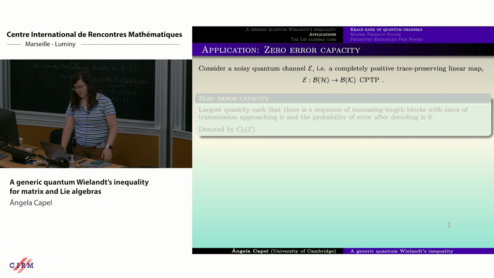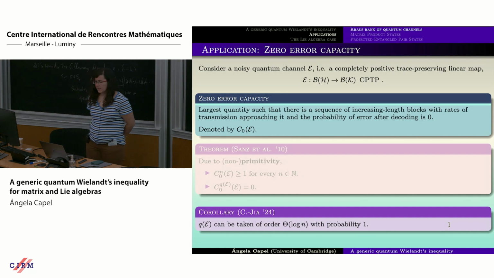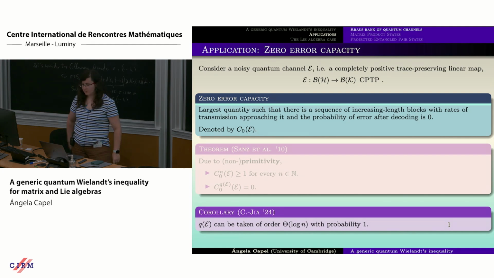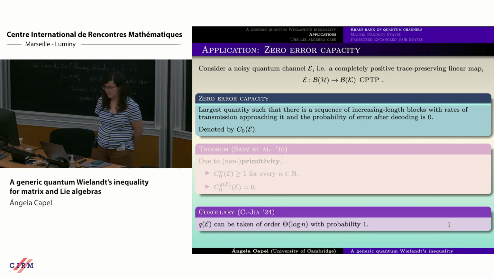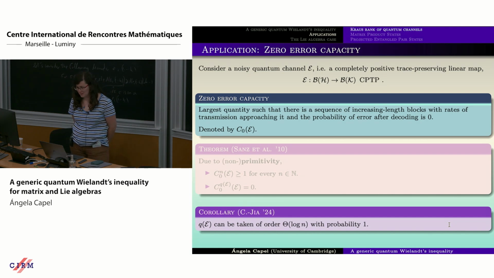So again, the same framework as before. And then the zero error capacity can be interpreted as the largest quantity such that there is a sequence of increasing length blocks with rates of transmission approaching this quantity, and the probability of error after decoding everything is 0. So this is a very hand-wavy way of explaining it, but Sadvik will explain this much better tomorrow.